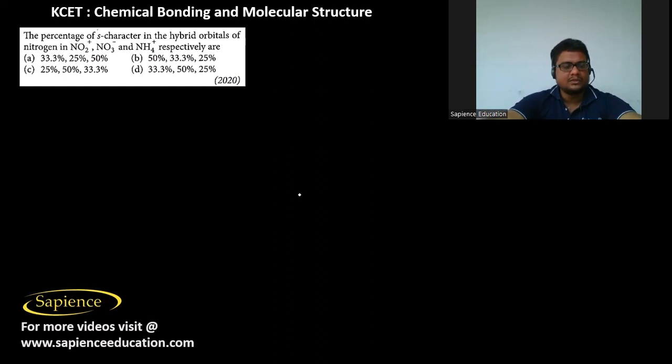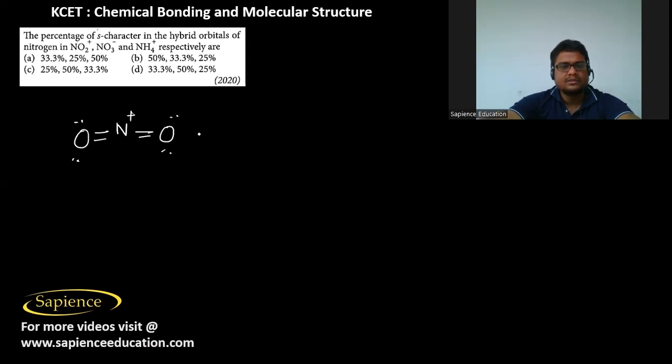Then here it is told the percentage s character in the hybrid orbitals of nitrogen in NO2 plus, NO3 minus, and NH4 plus are. So now the structure of NO2 plus will be like this, N plus O2. Your octet is fulfilled.